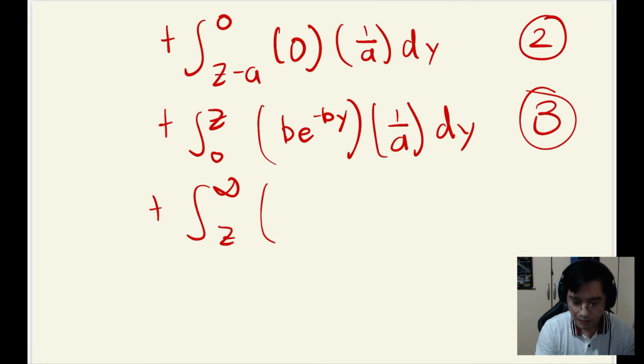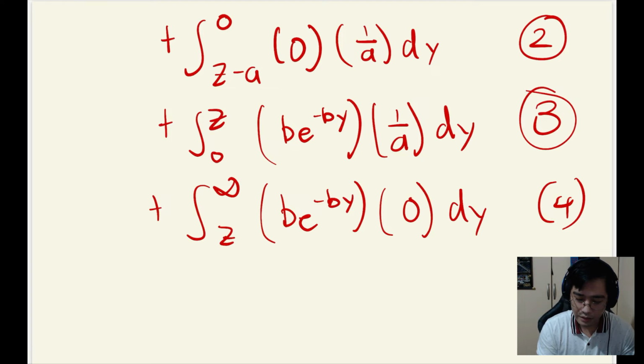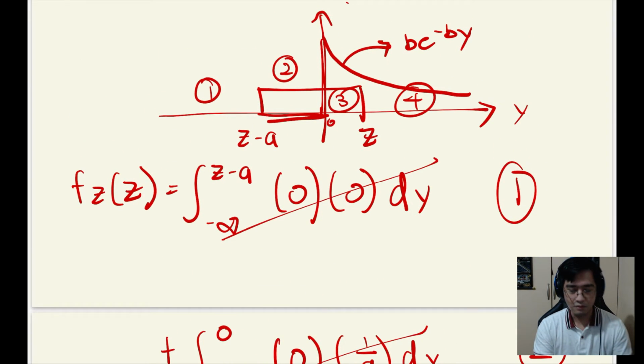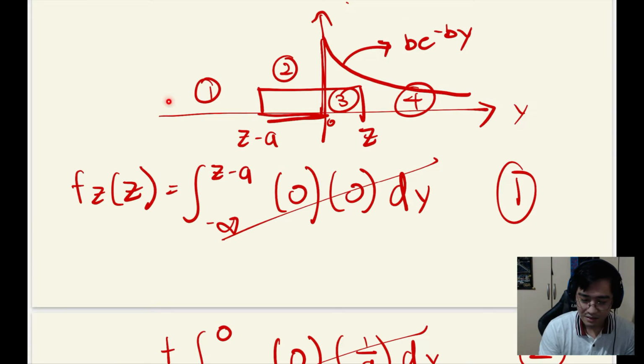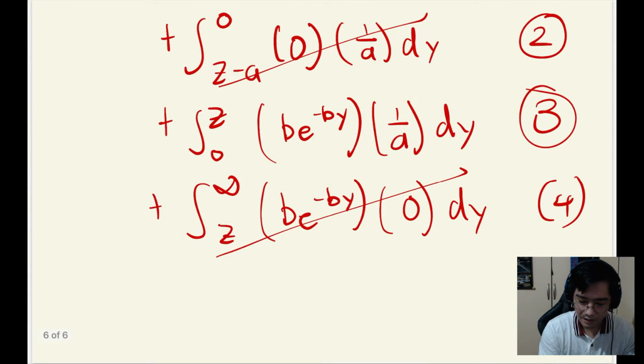So the value of y is still b e to the negative by, but the value of x is now 0, dy. So this is region 4. We know region 4, region 2, and region 1 to be 0 just by observing this sketch. So we just obtain the integral of this parameter.